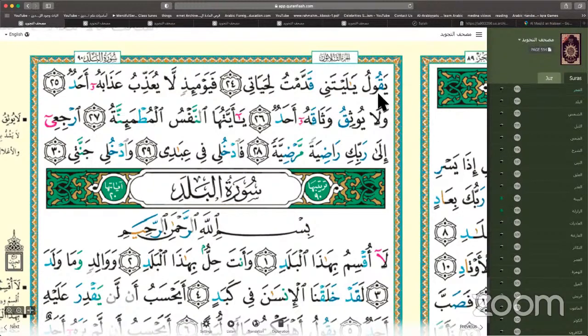Yaqulu ya laitaki Laytani. laitani nikita Laytani. Qaddam قدمت tuhiya lihayad tin لحياتي. hayati.